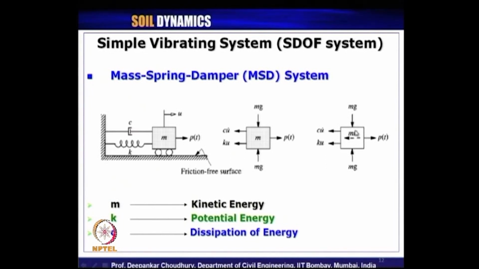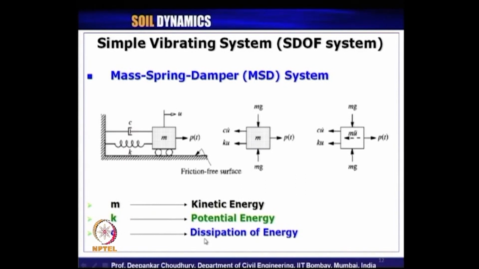Acceleration is u double dot, which is nothing but the second differential of this displacement, d2u by dt square, and that will act in this direction. As I have already mentioned, these three are the basic components of any vibrating system: mass to denote the kinetic energy component, stiffness to denote the potential energy component, and the damper to denote the dissipation of energy component.